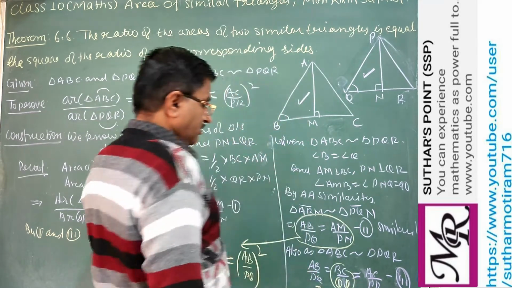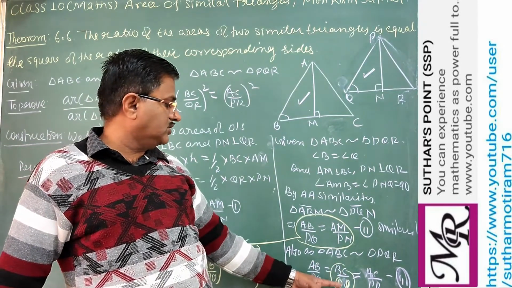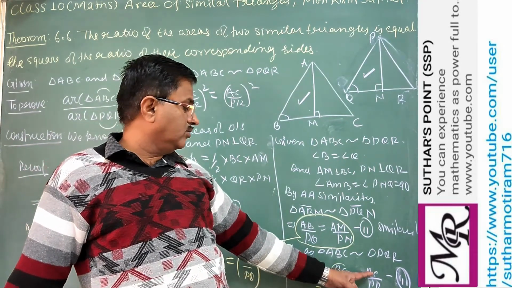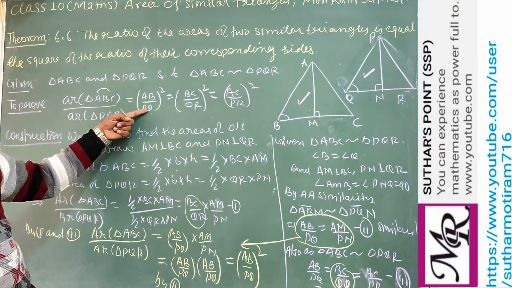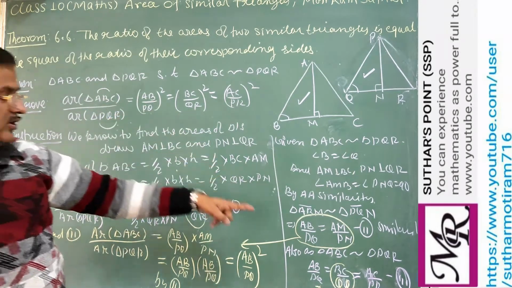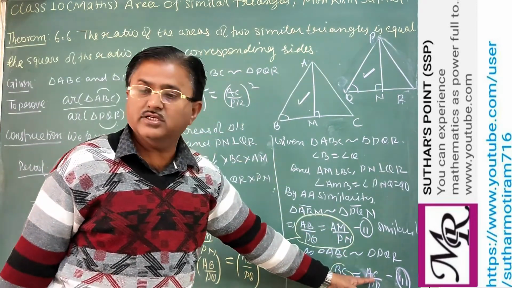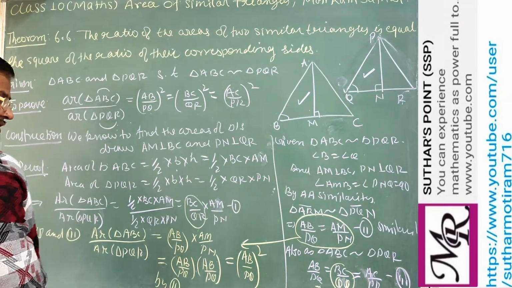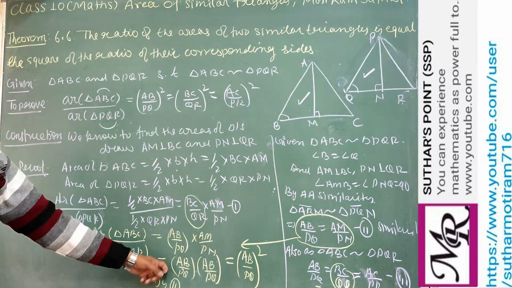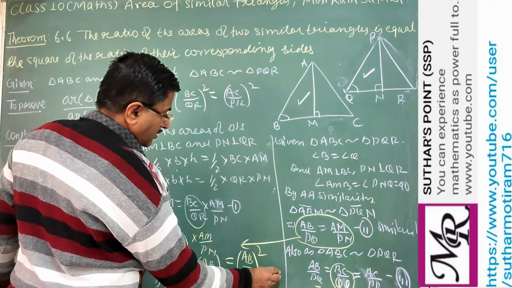I'm writing the side wrong. As you know, AB upon PQ equals BC upon QR equals AC upon PR. So AB upon PQ squared can also be written as BC upon QR squared, or AC upon PR squared. So by the third and this result we prove this, or you can say this is the fourth one.